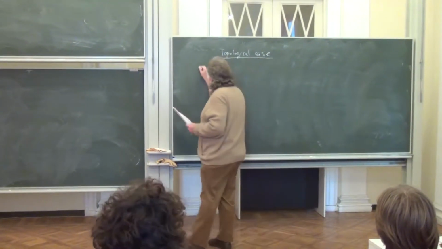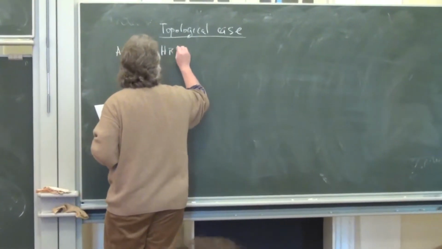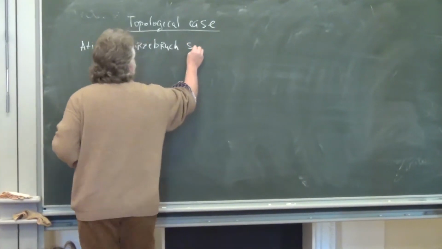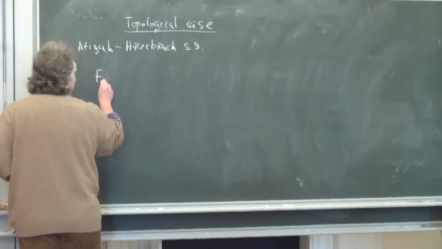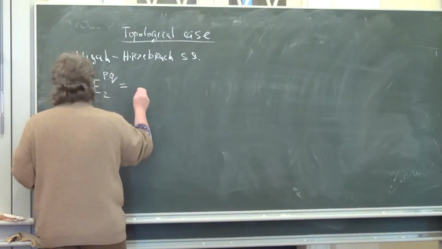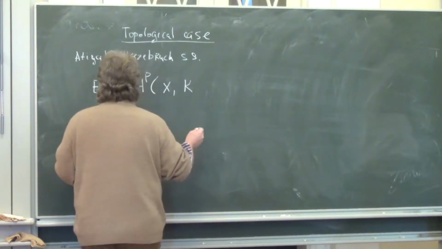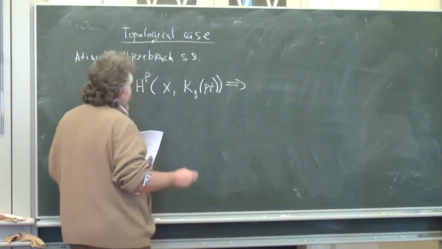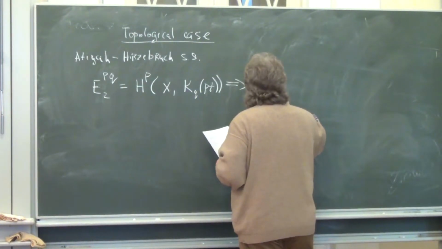So let me start with the Atiyah-Hirzebruch spectral sequence. You probably know how to write it down. It has the second term H^p of X with coefficients in K^q of a point, and the classical case converges to topological K-theory.